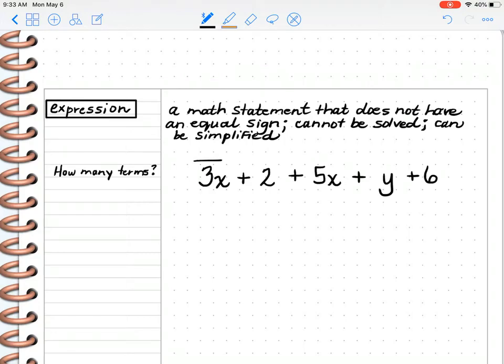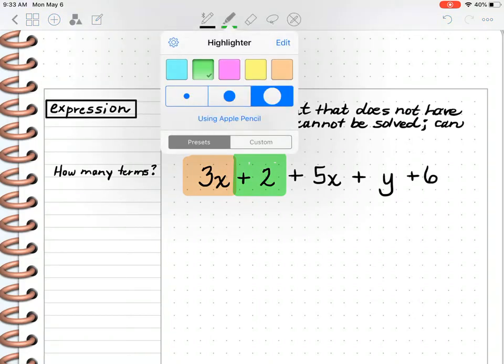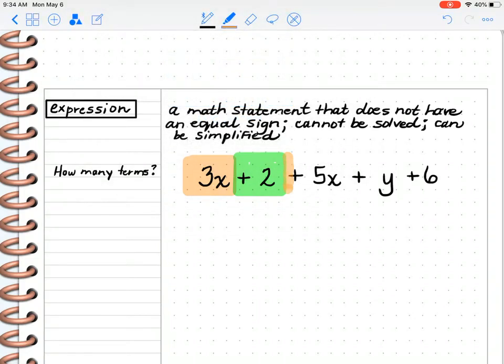So here is one term. 3 times x, so 3 is a coefficient, plus 2, that's a second term. That's a constant, but it's a term, plus 5x, that has a coefficient and the x variable.